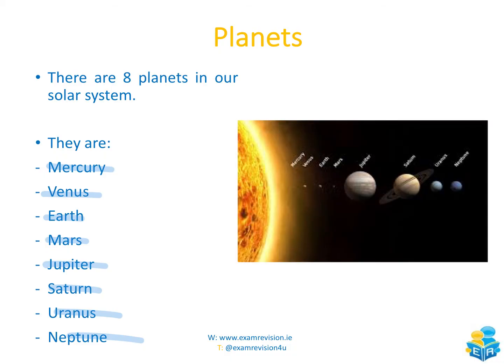So if you want a little device for remembering all of these, just remember: my very excited mother just served us nachos. Okay, because if you look at the first letter of each one of those, it links up to the first letter of the planet. So really important that you do know the 8 names of the planets, but do also know the order of them as well, because that can come up as a question, knowing which one is closest to the Sun and which one is furthest away.